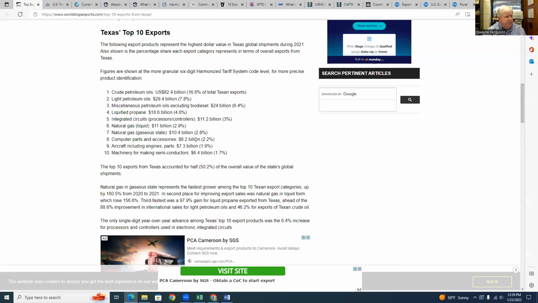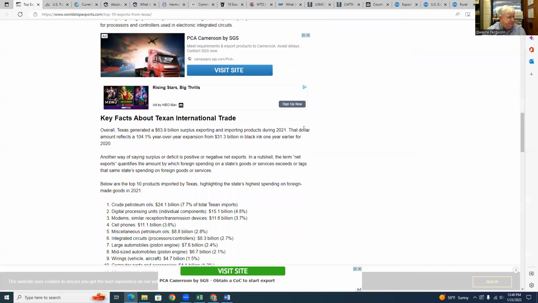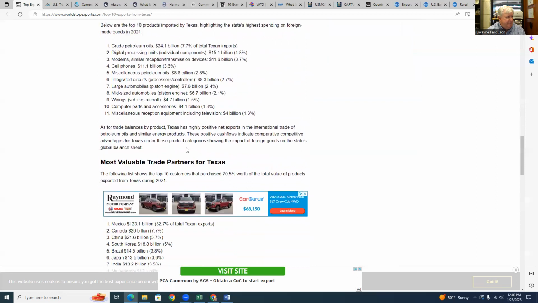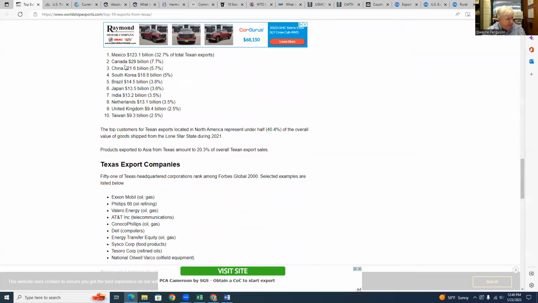So you can see we're a big exporter of computer parts, and that's a big deal for us. So anyway, again, it shows you on the Texas side how much they export out of each kind of thing, and then the biggest trade partners again: Mexico, Canada, China.